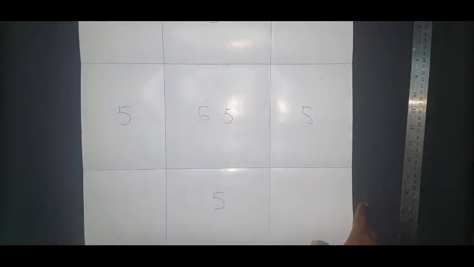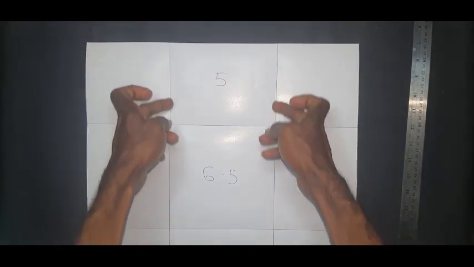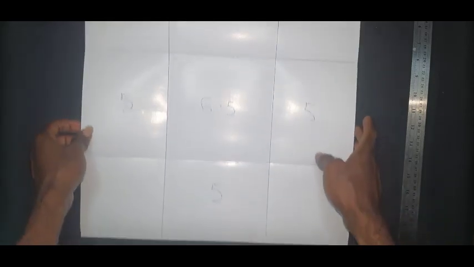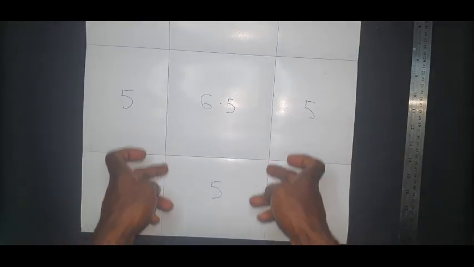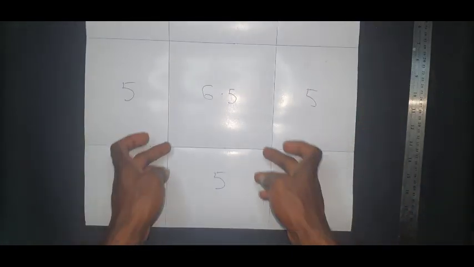When we're done with that, we'll cut out this side along with its opposite side. So this side with the opposite side facing it, or if we are cutting here, this side with the opposite side facing it.